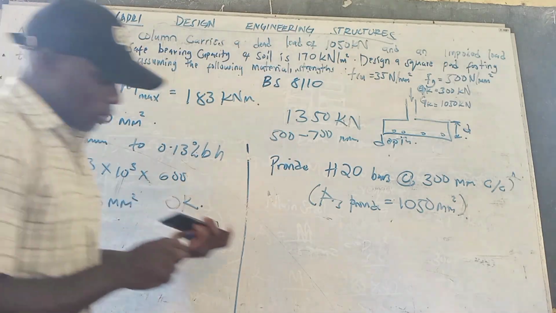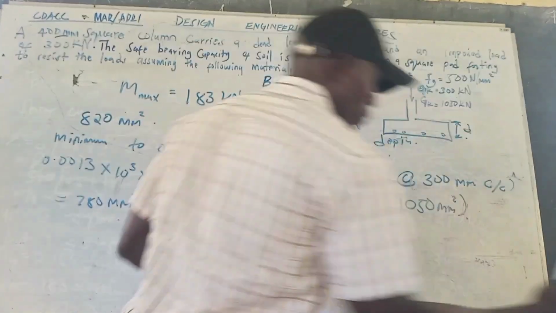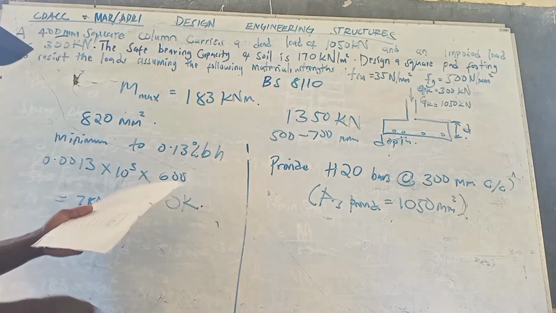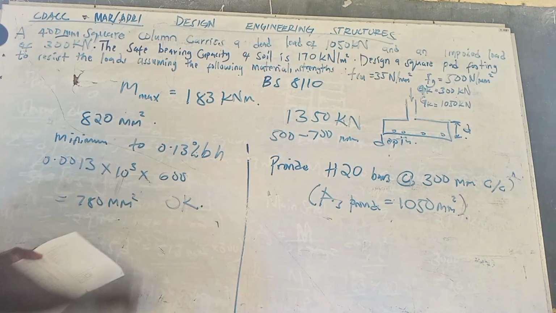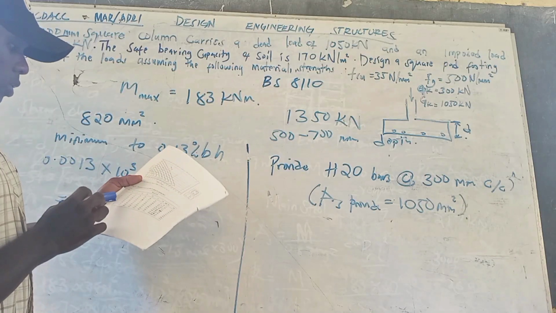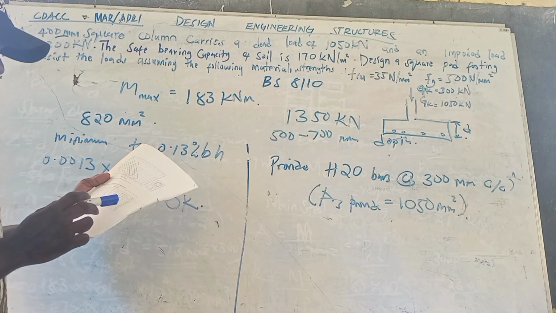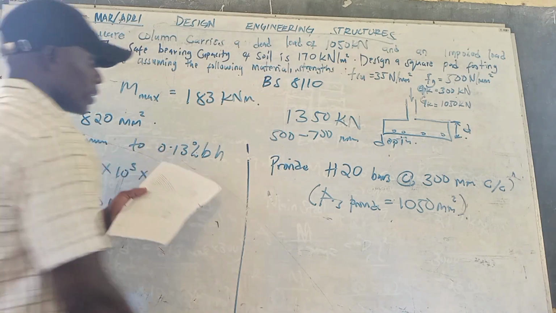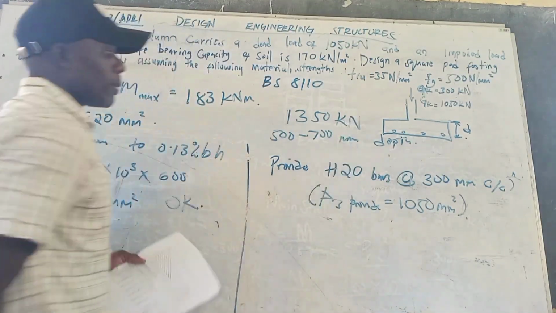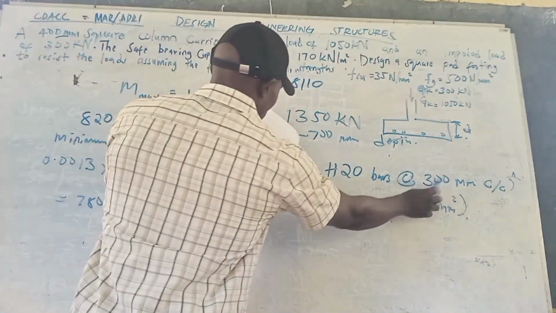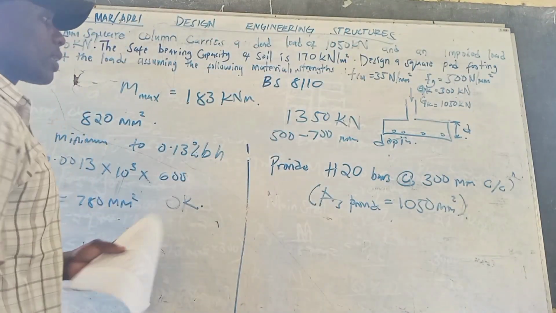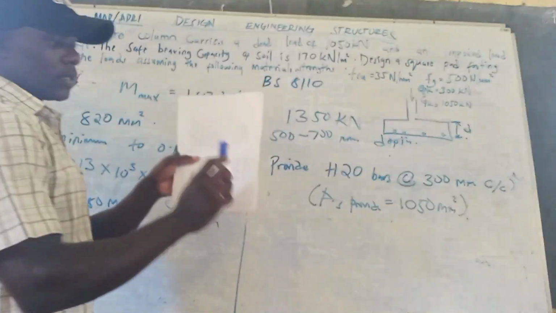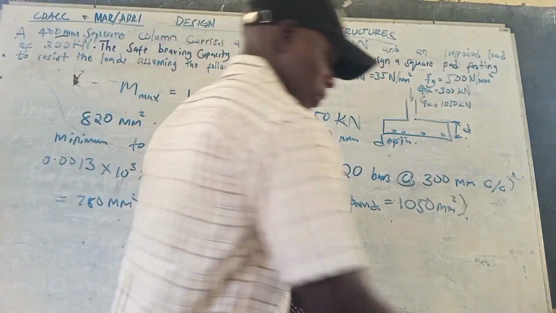So we move to your design table, still from BS 8110. So we assume 20 millimeter diameter bars. You're going to provide H20 bars at 300 millimeter center to center. Then area of steel provided is 1050, like so.